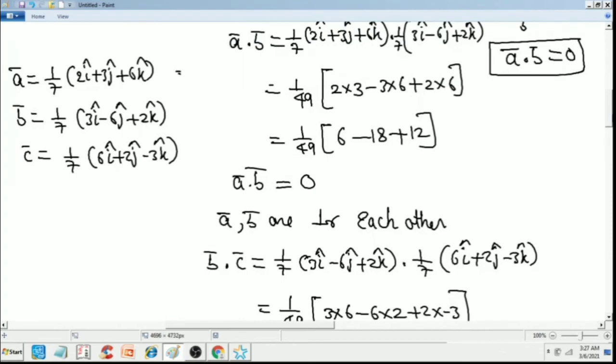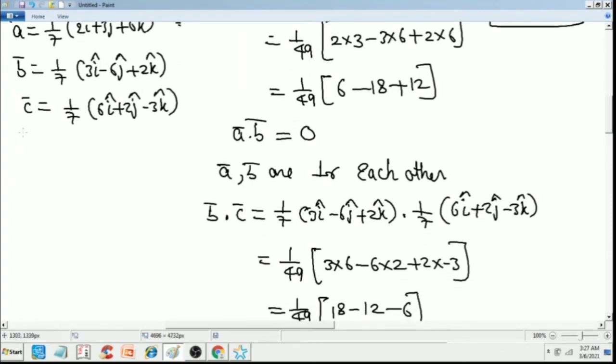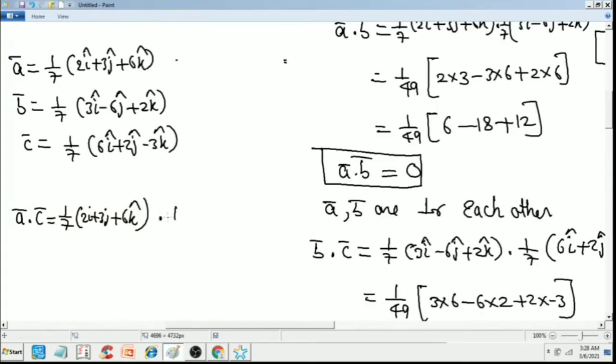Next, check A and C. A dot C is equal to 1 by 7 into 2i plus 3j plus 6k, dot product with 1 by 7 into C, which is 6i plus 2j minus 3k.